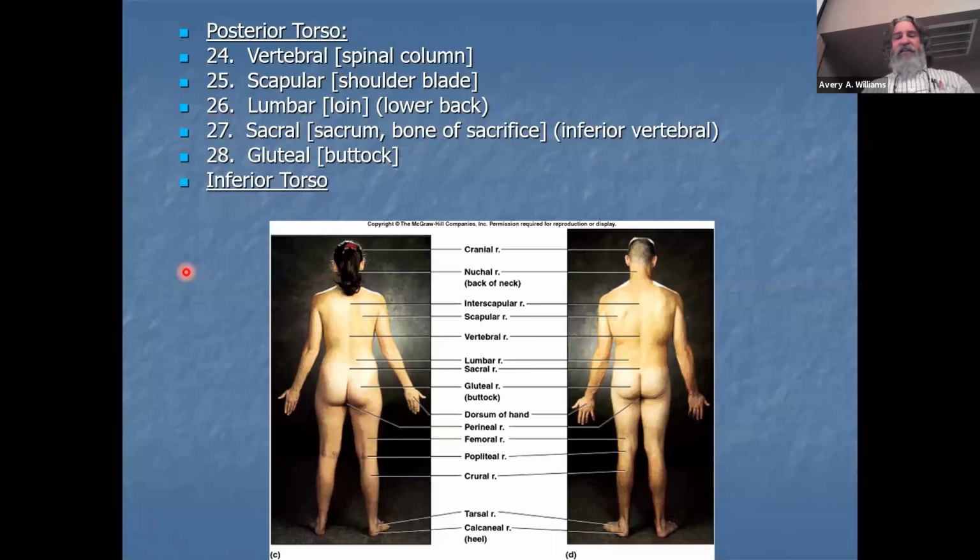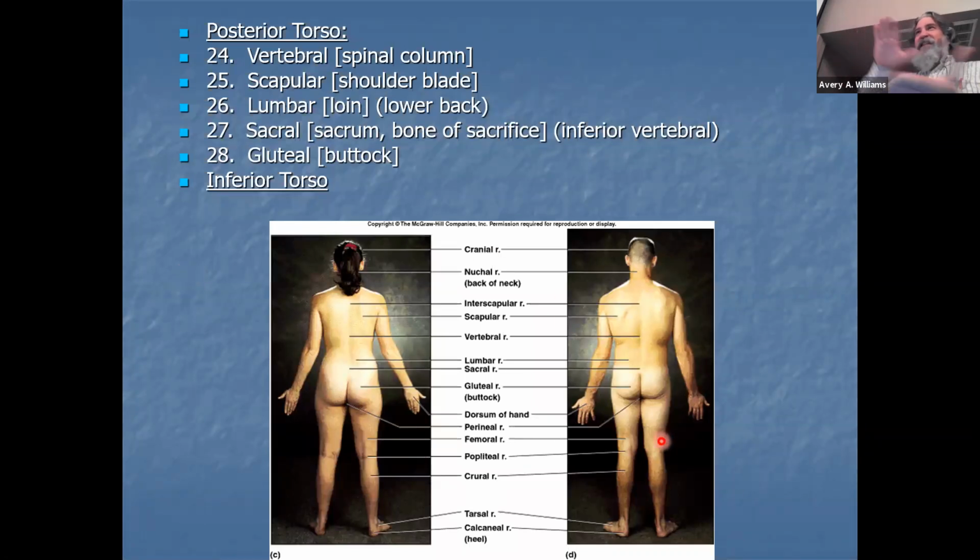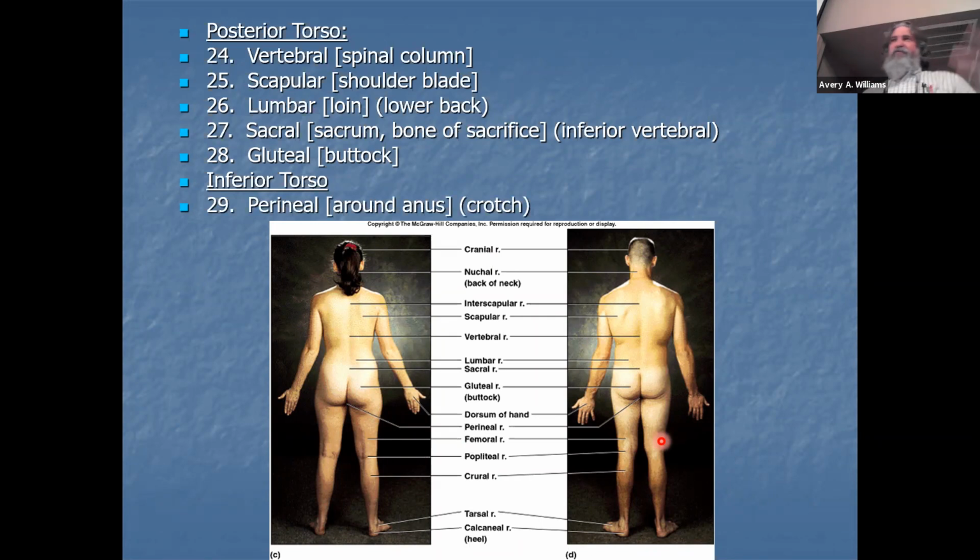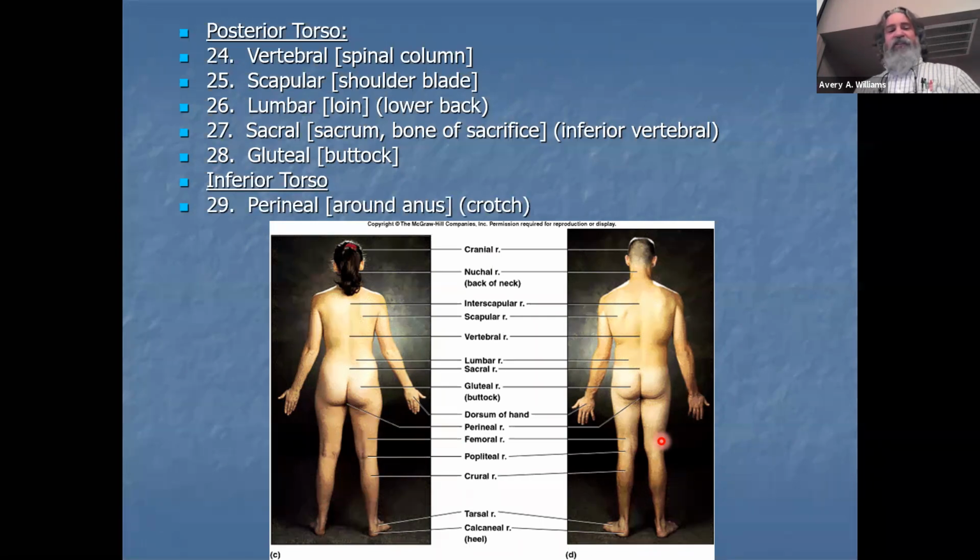Okay. Anterior, posterior, and inferior. Inferior means underneath. I don't have a shot of this, but imagine these guys straddling a horse, the part that hits the saddle. That's your inferior torso, and we have a name for that. You commonly refer to it as your crotch. That's your perineal region, or your perineum. Peri means around or surrounding, and neum means anus.